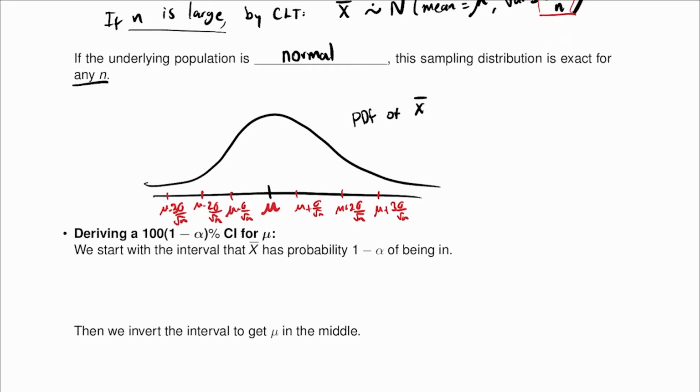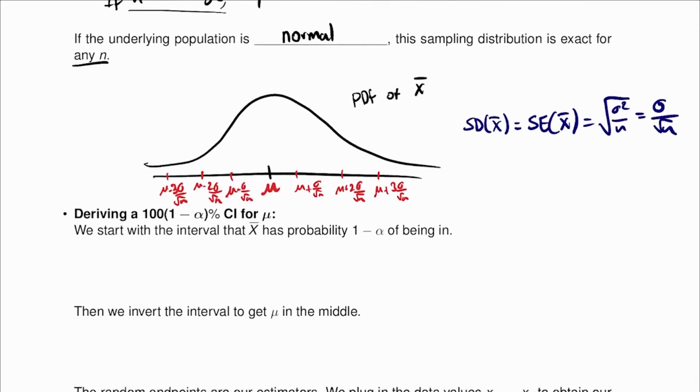Okay, the standard deviation of x bar, remember that is also what we call the standard error of the sample mean, is, just to make it more clear, sigma over square root of n. Okay, this is the PDF.